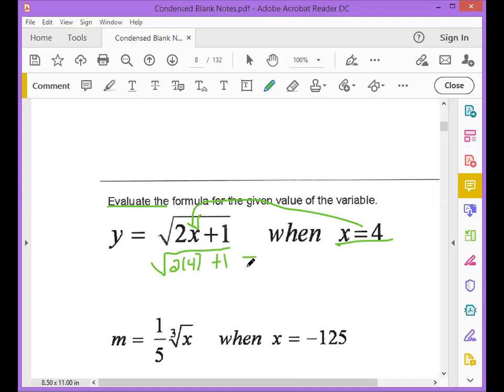We want to simplify underneath that square root. So we have the square root of 2 times 4, or 8, plus 1. And 8 plus 1 gives us the square root of 9, and the square root of 9 is 3.